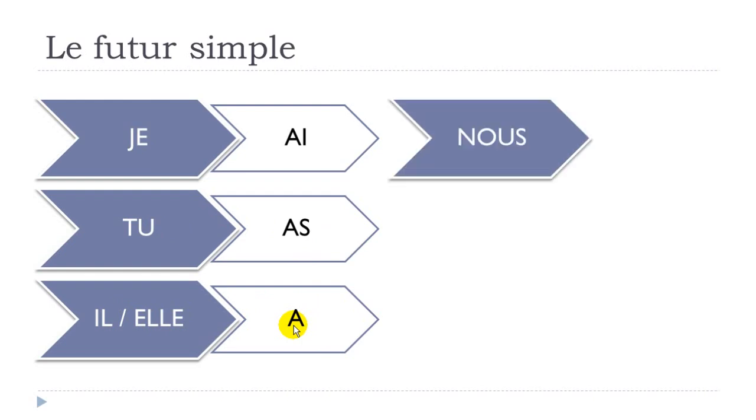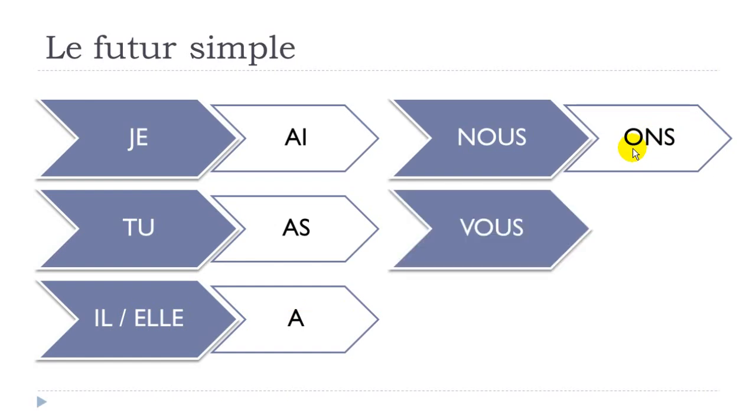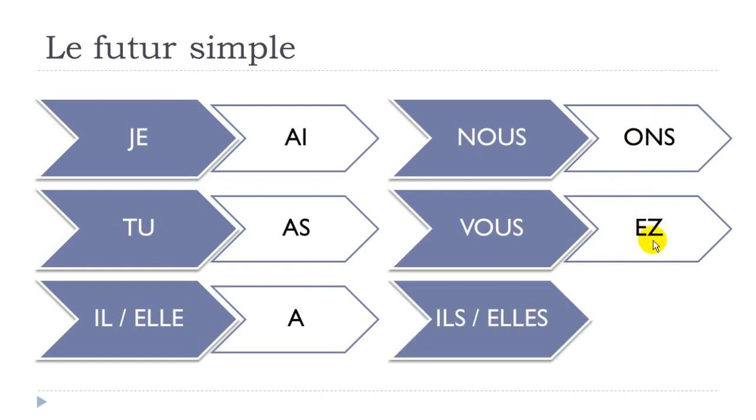The ending for nous will be ons, as usual. Okay? Remember, you don't pronounce the final s, you get the on sound. Okay? Nasal in your nose, on. Alright? The ending for vous will be, as usual, ez, but then you pronounce it e. Okay? And then the ending for ils, elles, will be ont.